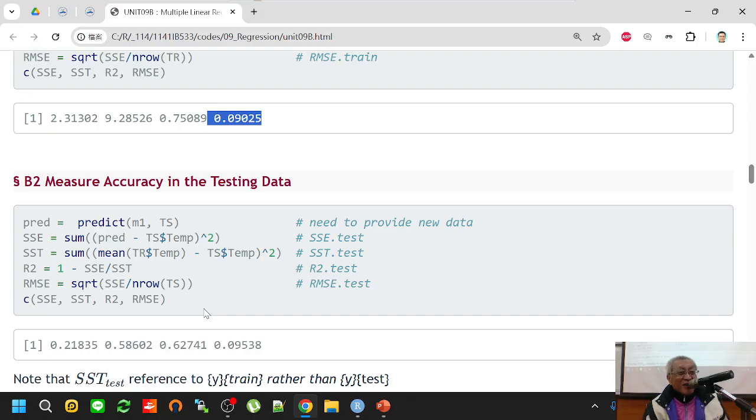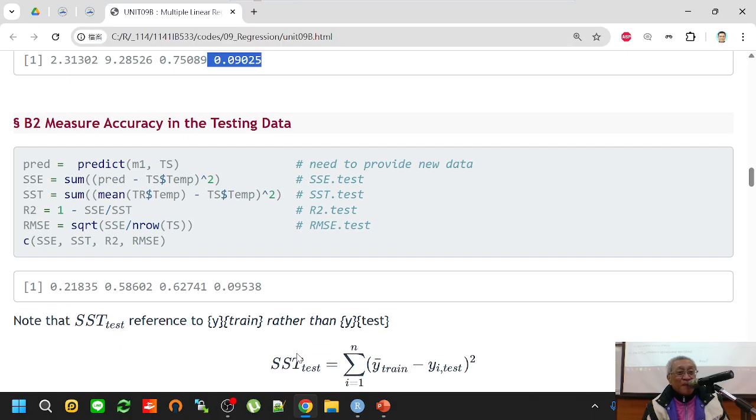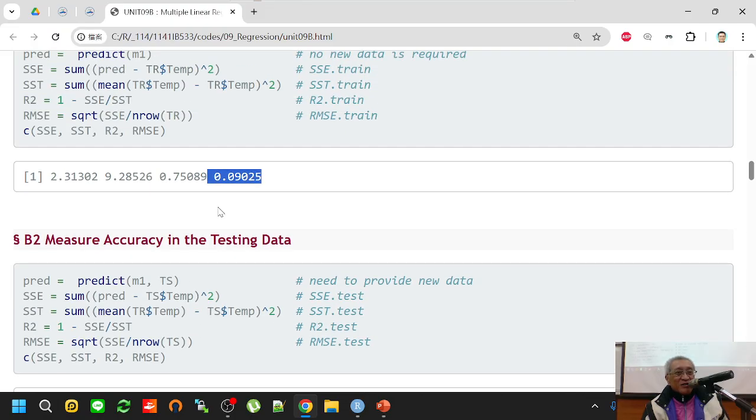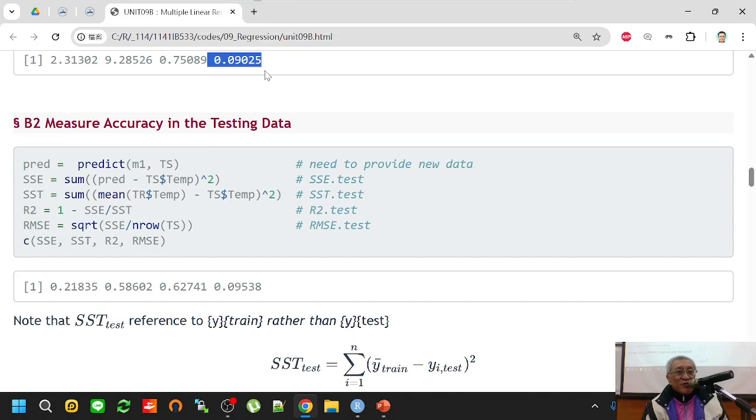If you have the chance to learn machine learning, there are many ways to make the training and testing results pretty much the same. The major reason we see so much difference in this model is that we have a very small data set.